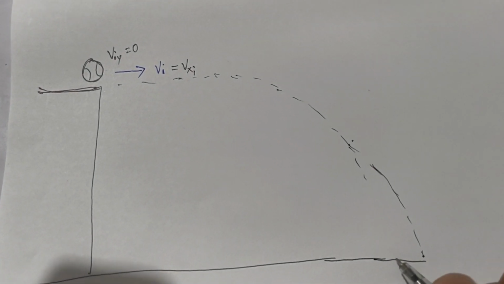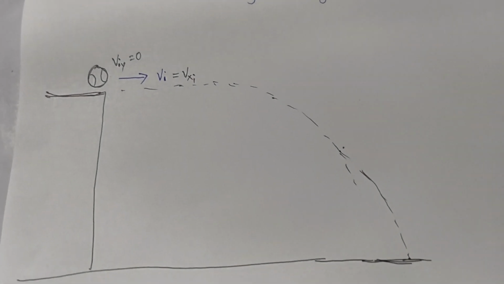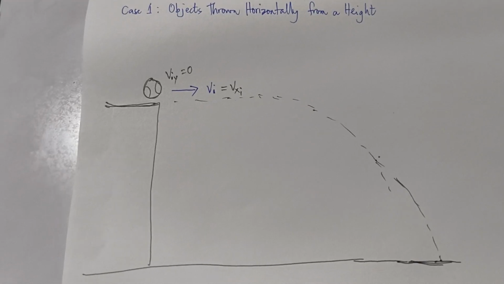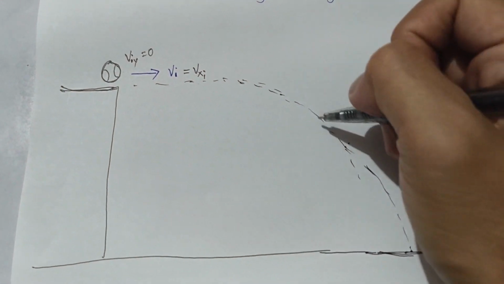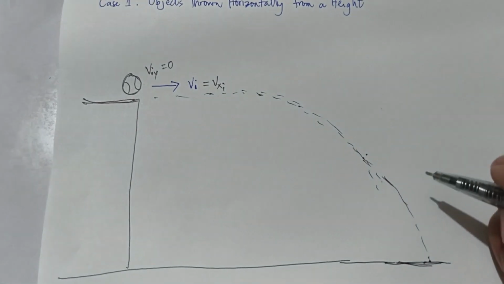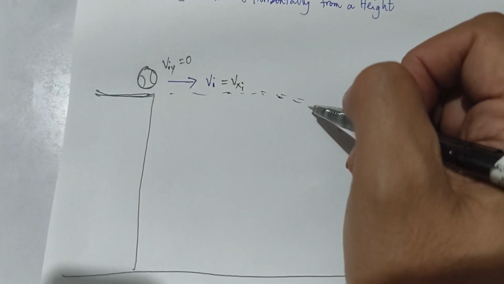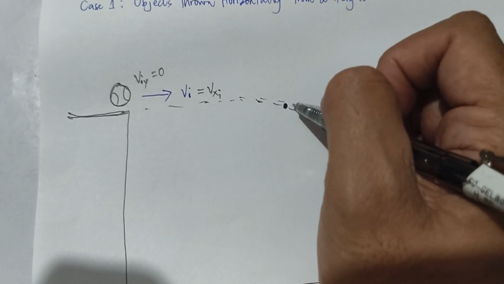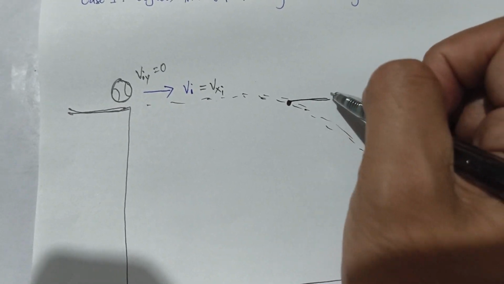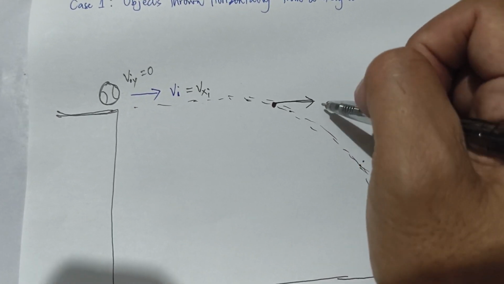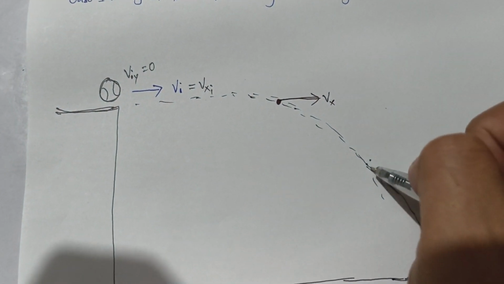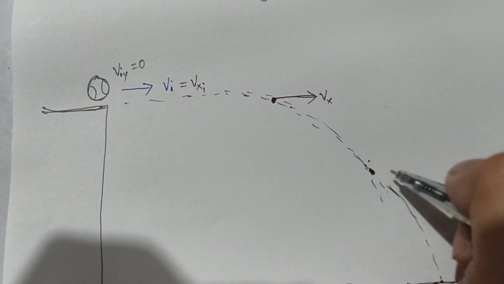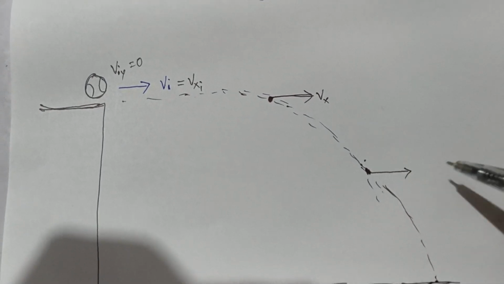Okay? Until it hits the ground. Alright? So, as the projectile moves through space, the horizontal velocity given remains unchanged. That's one thing you have to take note about projectile motion.